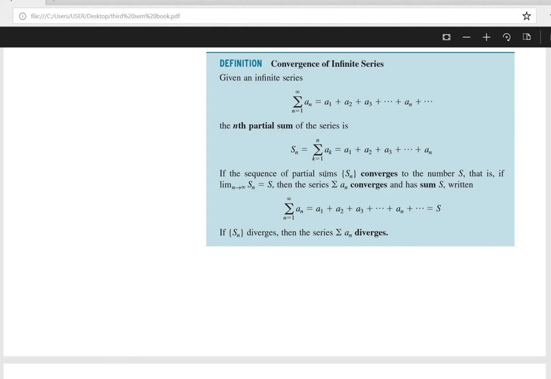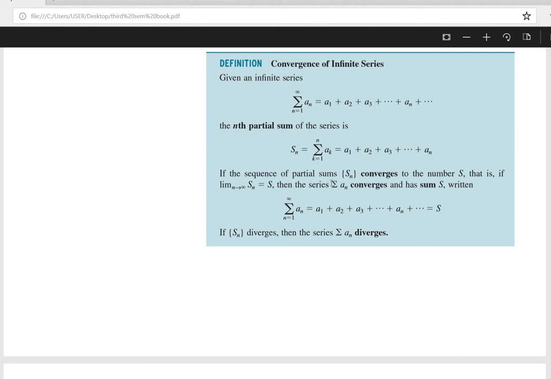Then the sequence of partial sums means the sequence Sn, that is the sequence S1, S2, S3, S4, etc., Sn, etc. This is a sequence of partial sums.